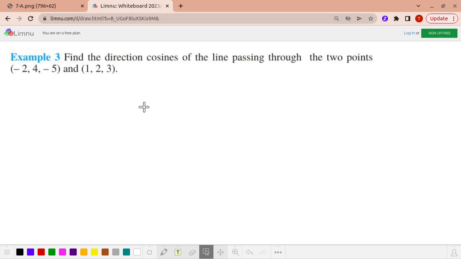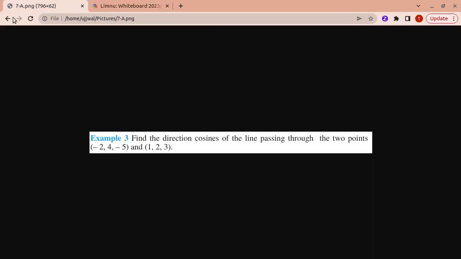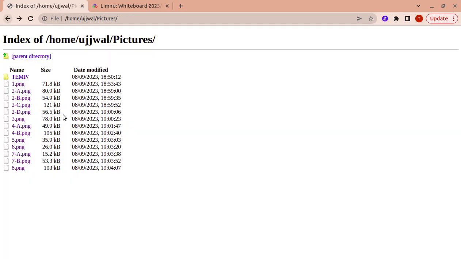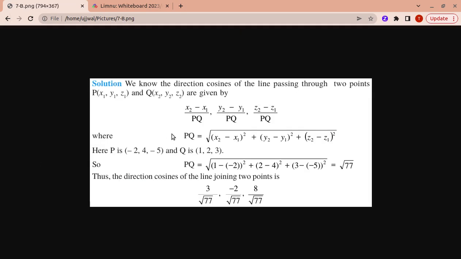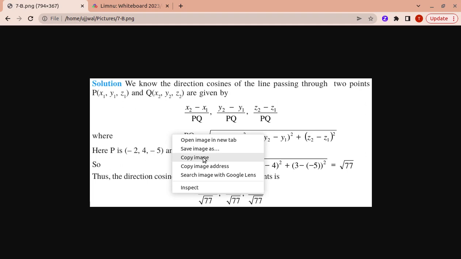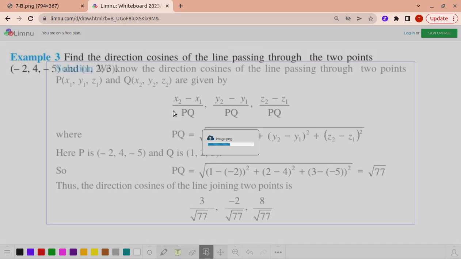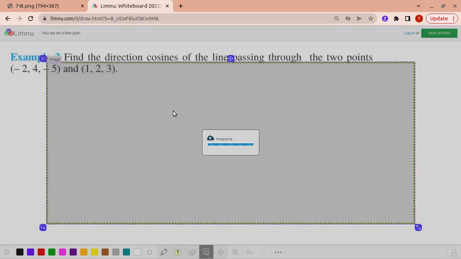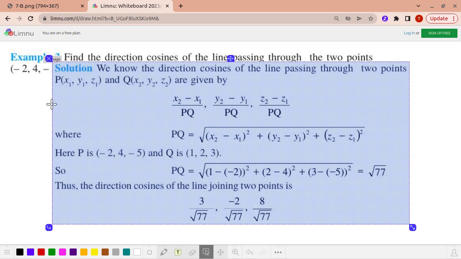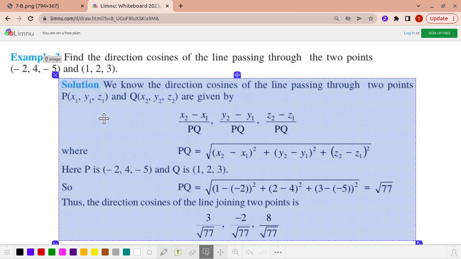How to find it, dear students? First we will find the direction ratios. Direction ratios are nothing but the difference of the corresponding coordinates. We know this, we have done this a few minutes back in the theoretical portion. Let me place this here and then explain.